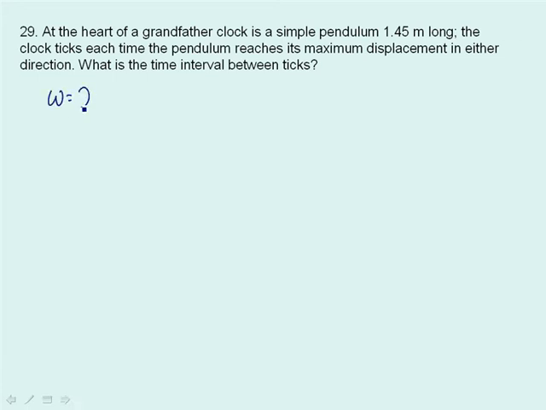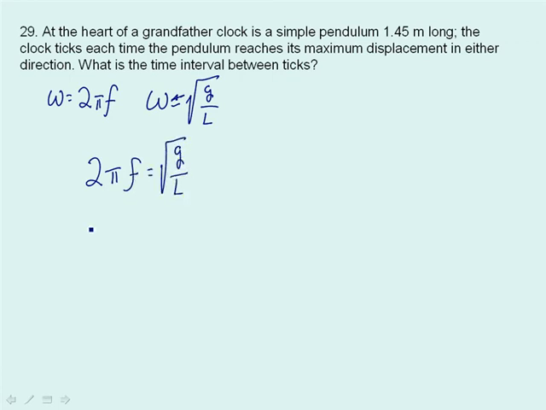Well, as I said before, omega is equal to 2 pi f. It's a general statement. For a pendulum, omega is also equal to the square root of g over L, where g is the acceleration due to gravity and L is the length of the pendulum. So I can set these two equal to one another. 2 pi f is equal to the square root of g over L. This is 2 pi, frequency is 1 over period, is equal to the square root of g over L. I know what L is.